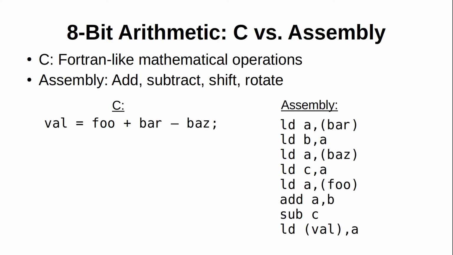First, we add B to A, then subtract C, and finally store the result in val. Just like in the C code, the input variables remain unchanged as all the math happened in the registers using the copied values. It seems pretty straightforward, but there's a lot going on under the surface, and those details become important when you're writing your code.